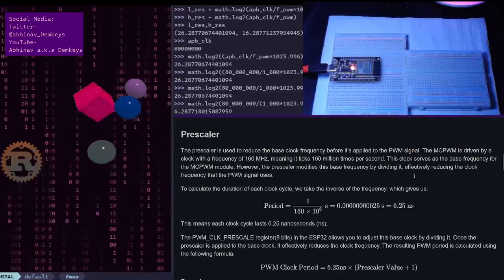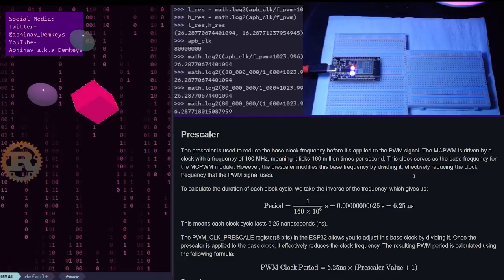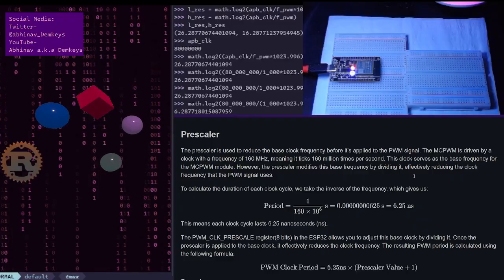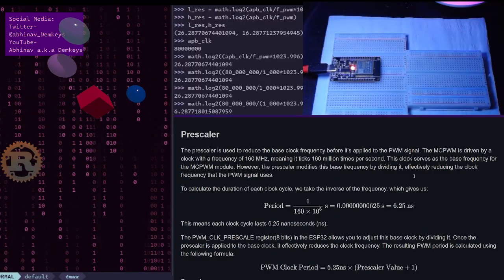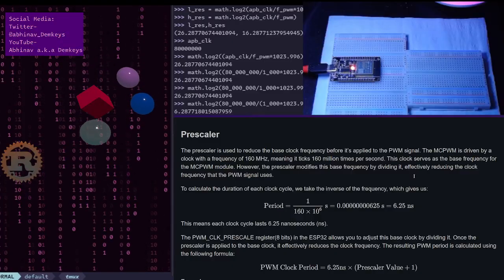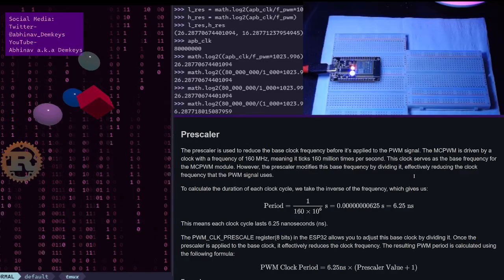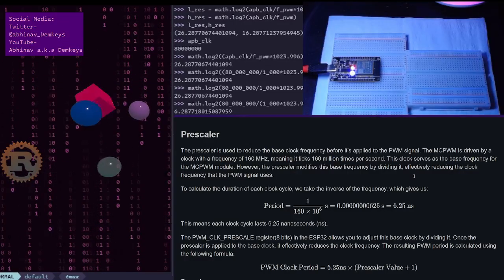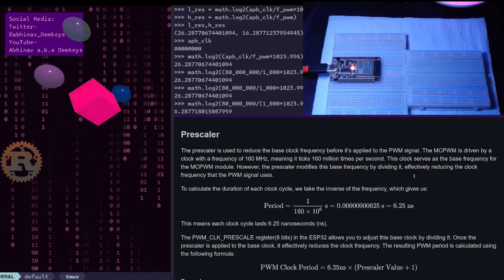Let's continue reading here. The prescaler is used to reduce the base clock frequency before it's applied to the PWM signal. The MCPWM is driven by a clock with a frequency of 160 megahertz, meaning it ticks 160 million times per second.